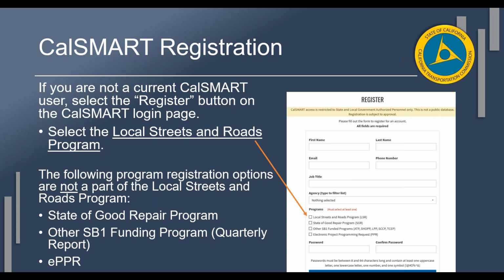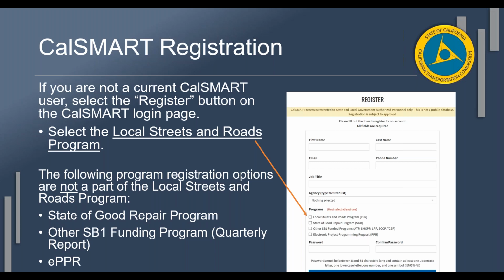When it's asking you the program that you're registering for, if you are not involved in the State of Good Repair, if you are not someone who reports on any other SB1 programs that are run through and overseen by the CTC that require the reporting, which also requires an electronic project programming request, that means that you're getting reimbursements through Caltrans for these projects, right?